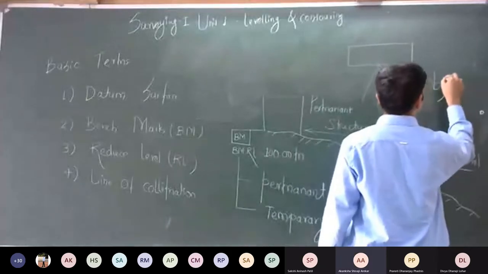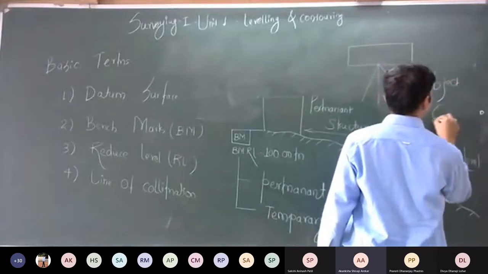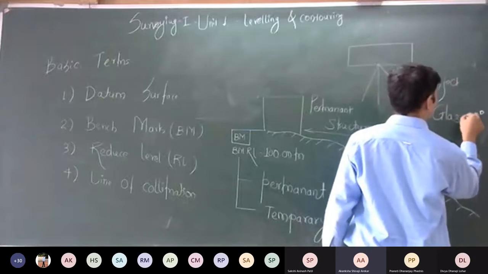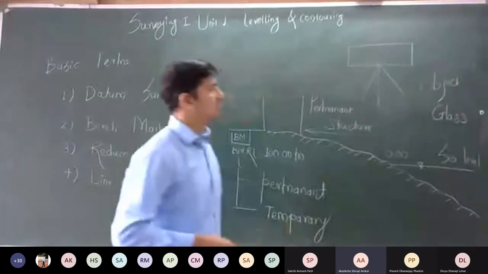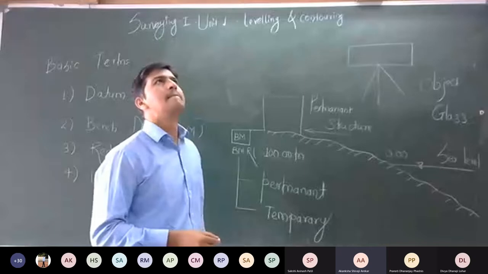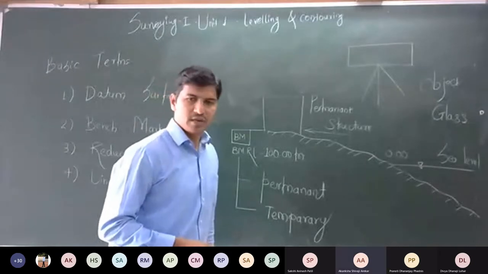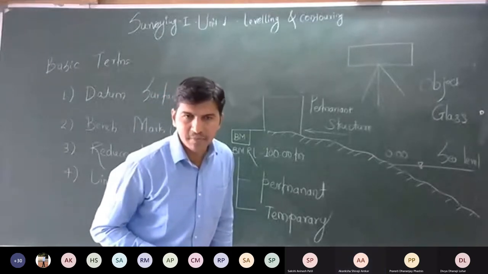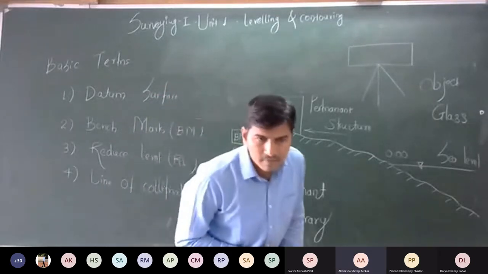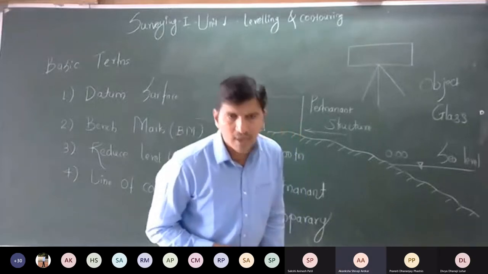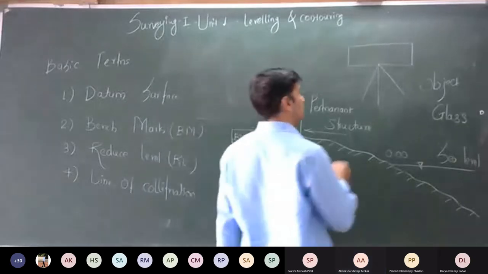Yes, go ahead. It is the line joining the intersection of the crosshairs of the diaphragm to the optical center of the object glass and its continuation. Okay, what is your name? Akanksha Arekar. Very good.